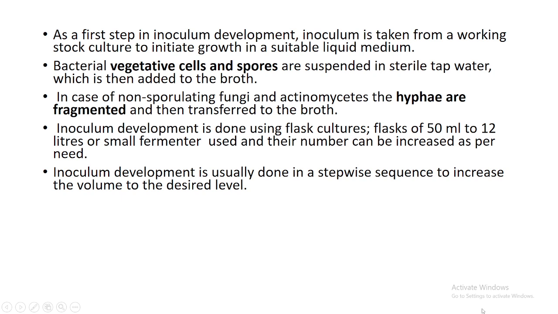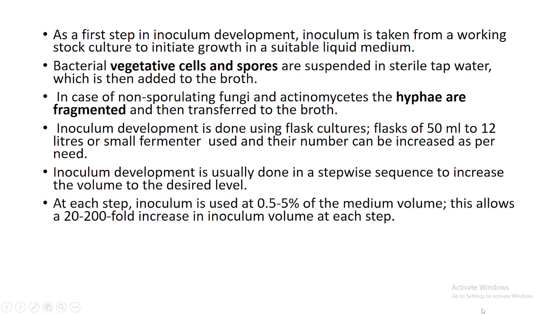So if the final volume of the inoculum that should be incorporated into the fermenter is 30 liters, from this 12 liters, you will be going into a bigger fermenter, and you will be maintaining a 30-liter volume of inoculum. You will be growing it, making it reach the logarithmic phase, and this 30 liters will be inoculated into the medium.